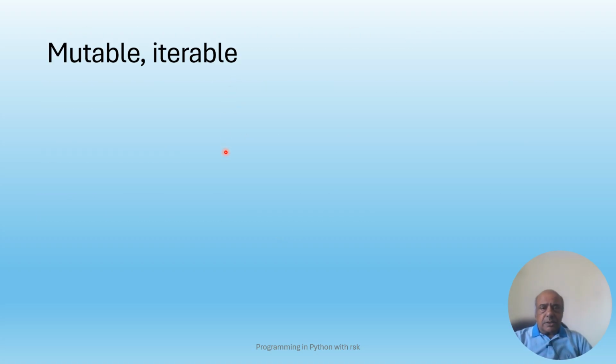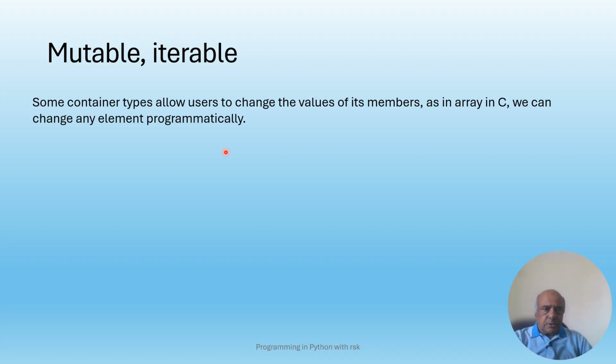Mutable and iterable, what are those attributes? Some container types allow users to change the values of their members, as in an array in C. We can change any element programmatically. So if the container is mutable, we can change the values of its members programmatically during runtime.